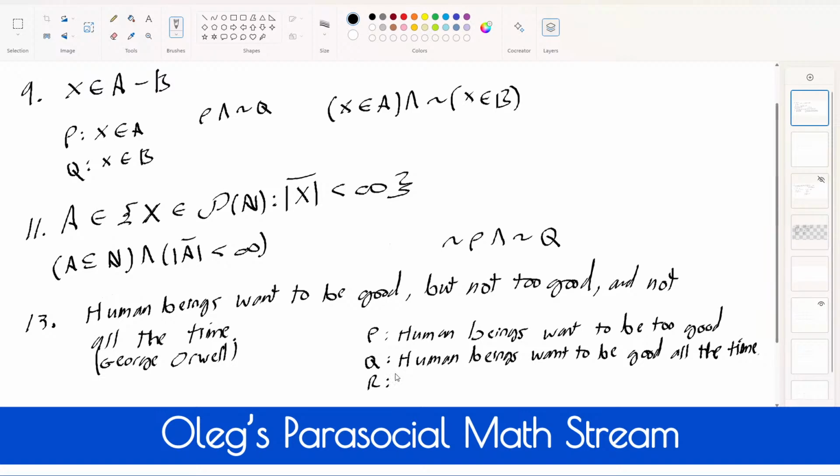Okay, because the problem is they said of the form P and Q, P or Q and not P. They didn't say we can use R, but I guess in a sense we can use R, and that's fine. R, so we're going to assign that to want to be good.